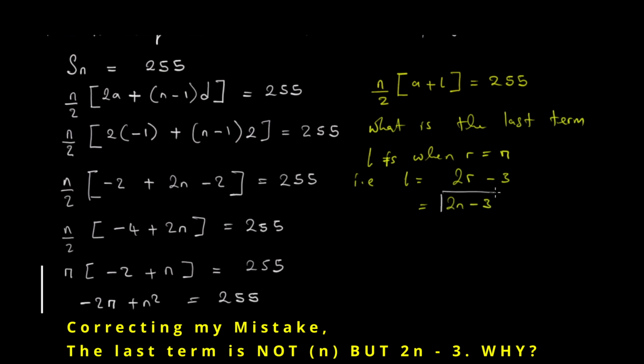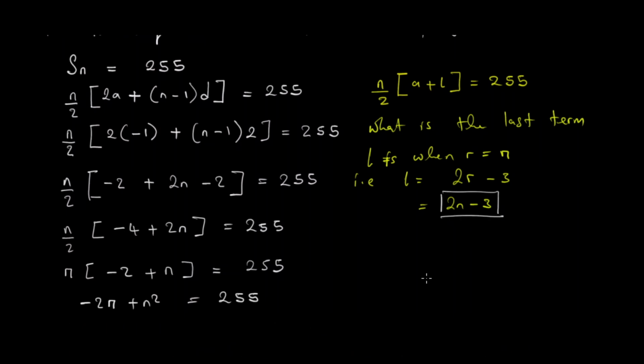In my thinking 2n minus 3 is the last term. Kureva kuti tikada kushandisa ino ishi, tenge takuti n over 2 a plus then a, that's 2n minus 3 should be equal to 255.